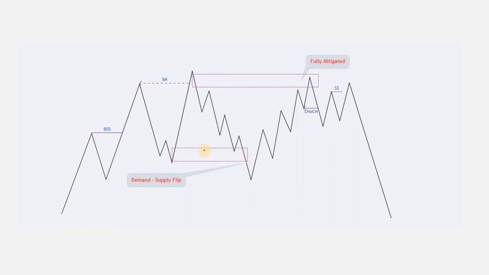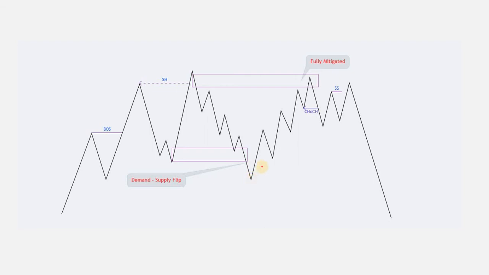Immediately we saw this, we now know that the market has changed environment from the bullish scenario to the bearish scenario. So after this break here, we are bearish. We have the bearish bias after that break.